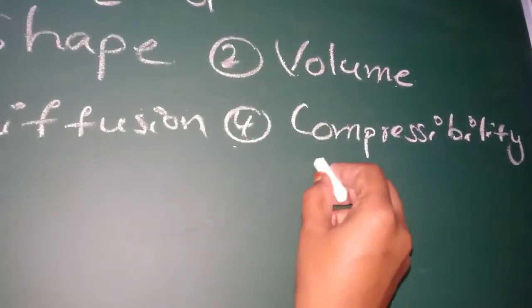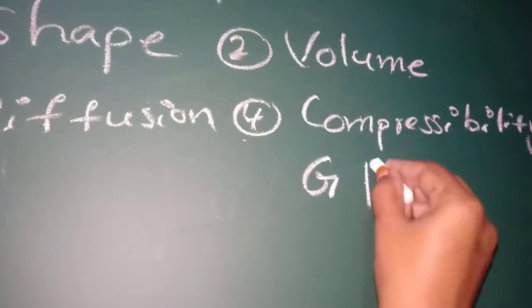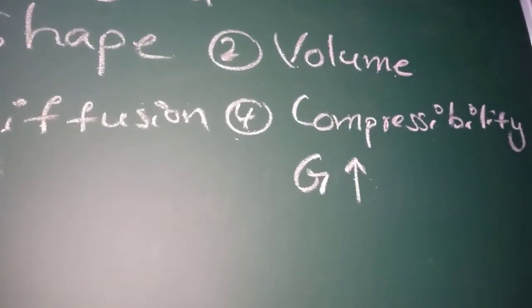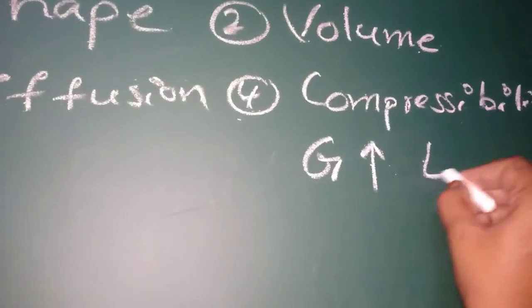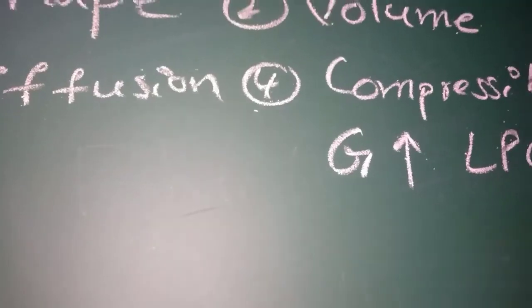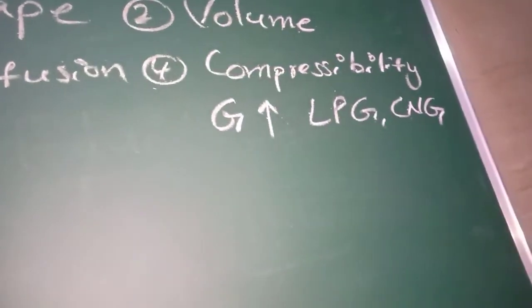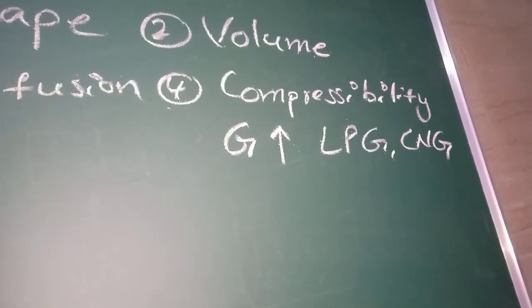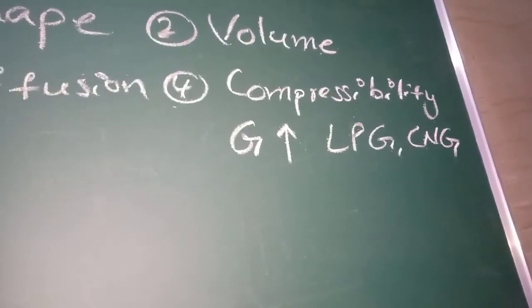So gases are highly compressible. That's why we use LPG and CNG. LPG is liquefied petroleum gas. CNG is compressed natural gas.